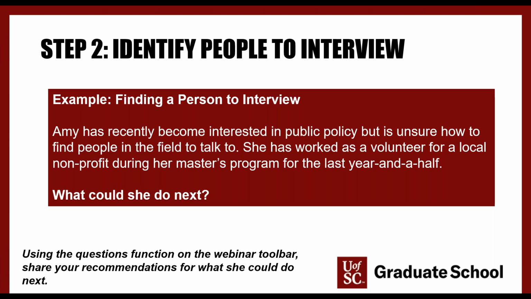What could she do next? So take a moment using the questions function on the webinar toolbar to share your recommendations for what you think Amy could do next. And she is again working to identify people with whom she can conduct an informational interview.